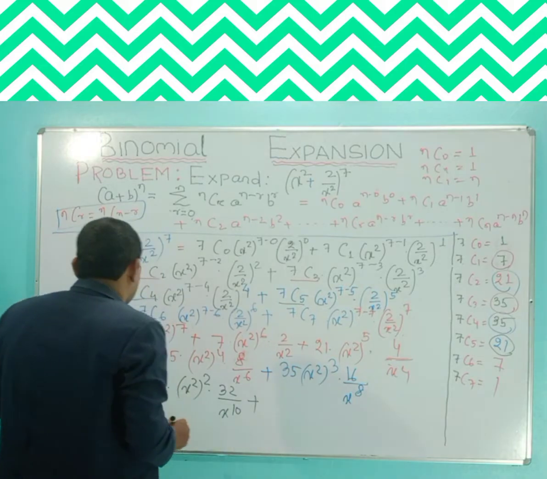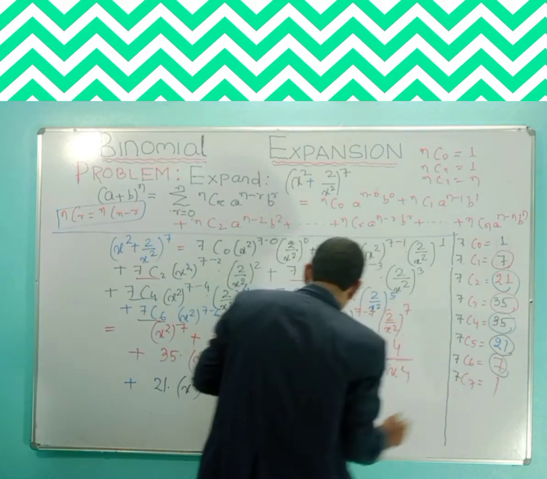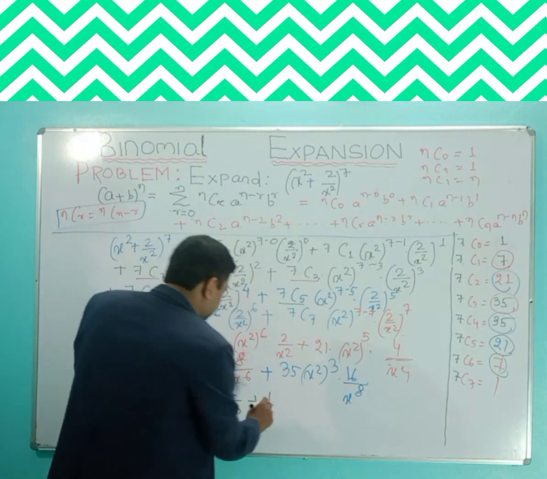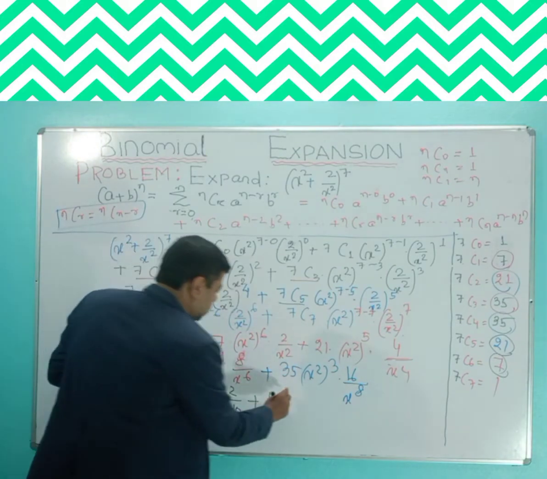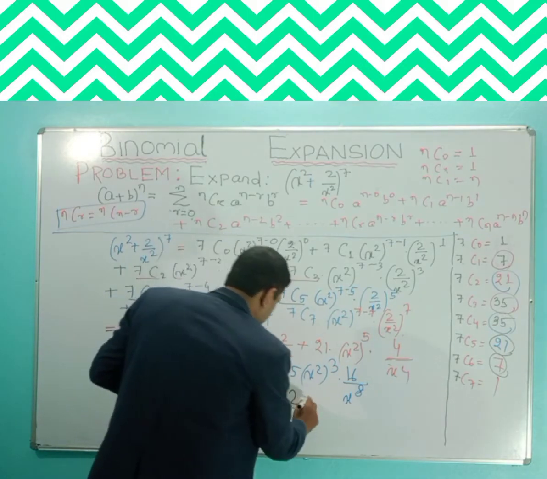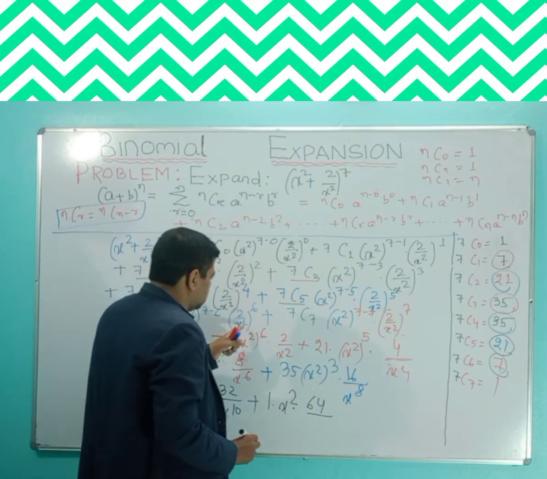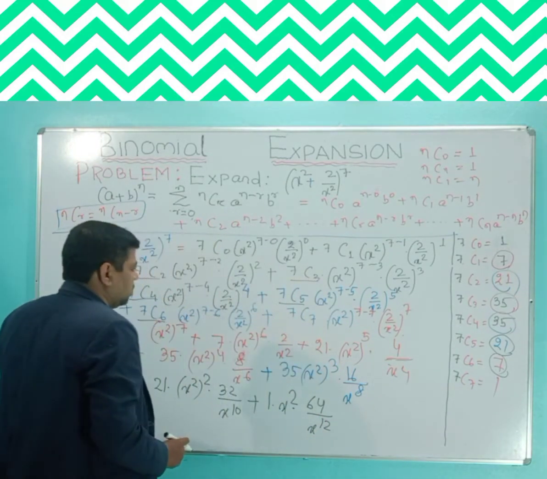Plus, the next point is 7c6, whose value is 1, the multiplicative identity. Then 7 minus 6 is 1, so x squared into 2 to the power 6, which is 64, and x squared whole to the power 6, 2 times 6 is 12, x to the power 12. Yes or no? Understand?